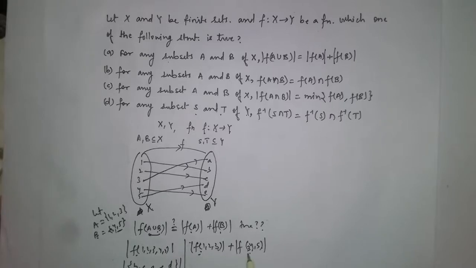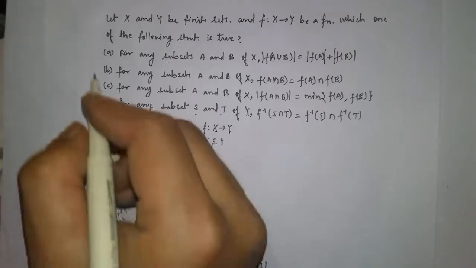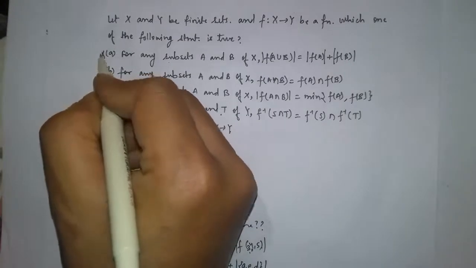This is correct. f of {3, 4, 5} will be 3 to a, 4 to e, 5 to d, so that is {a, e, d}. f of {1, 2, 3} is {a, b, c}. The cardinality of {a, b, c} is 3, of {a, e, d} is 3, and 3 plus 3 is 6, so they are not equal, hence option A is incorrect.